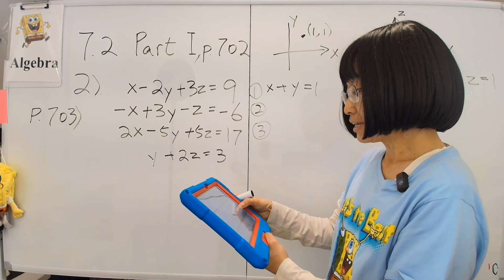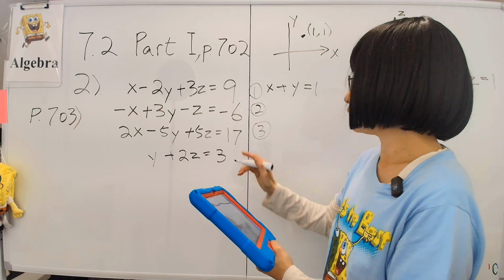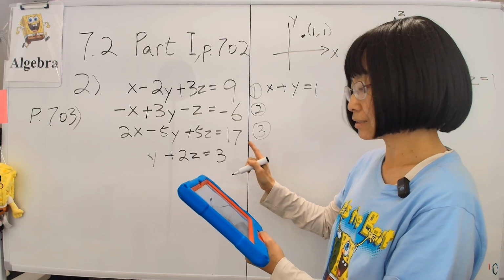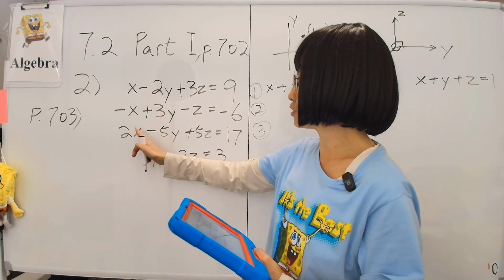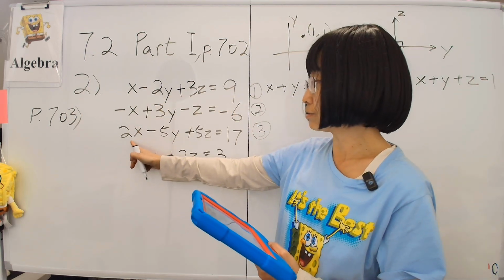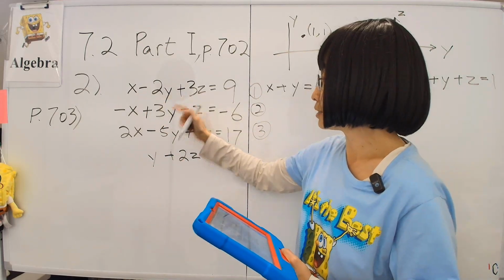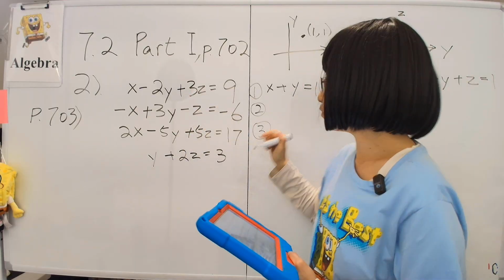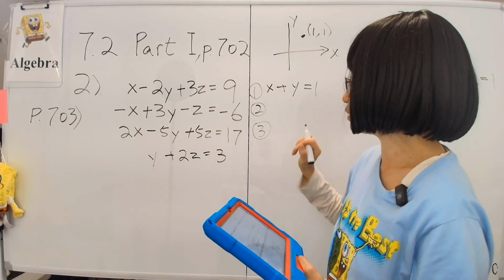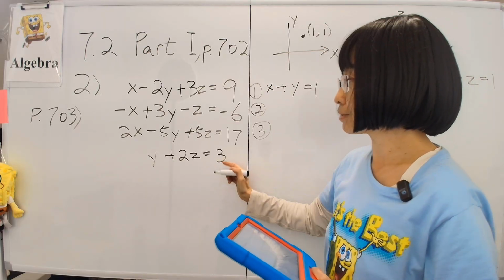Next we are going to take equation 1 and multiply it by minus 2. The reason is that we're going to use equation 3 and equation 1, and multiplying by minus 2 will get rid of the x. So first we used the first 2 equations, and now we use the first and the third equation to come out with something else.